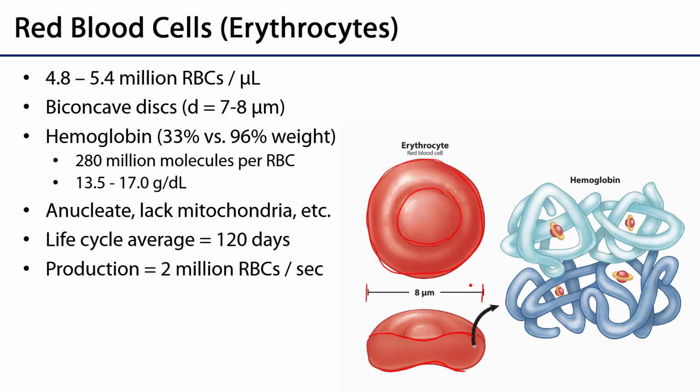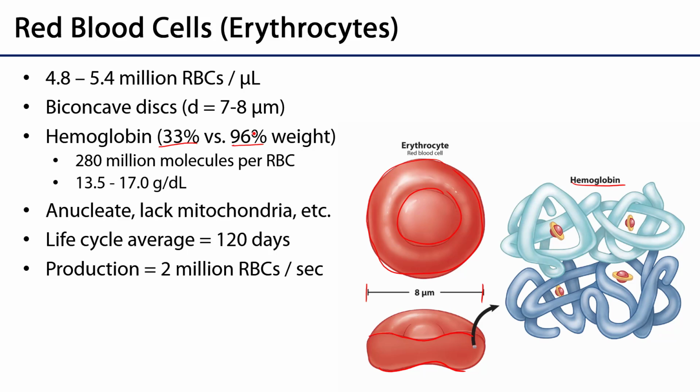So when we look at the hemoglobin molecule, and we'll get into details about what that is shortly, we see that it comprises about 33% of the weight of a red blood cell. And if you were to take away the water, hemoglobin would comprise 96% of the weight.